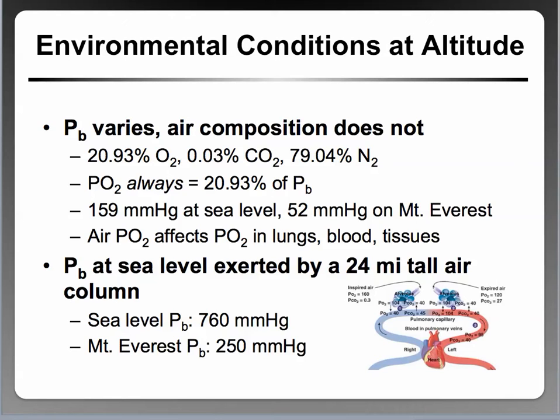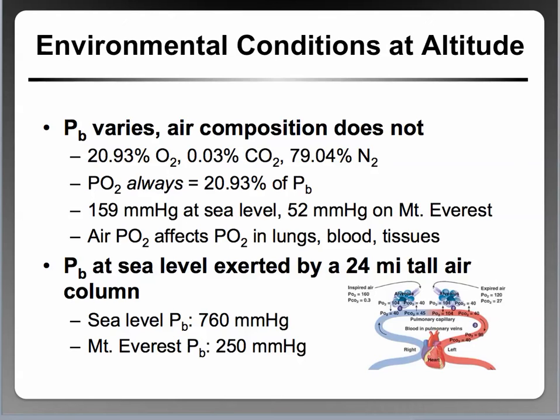You're always going to have an atmosphere that consists of 20.93% oxygen and the same percentages for the other molecules. So in that sense, there's not less oxygen to go around. The difference is what happens with the partial pressure and the driving force.